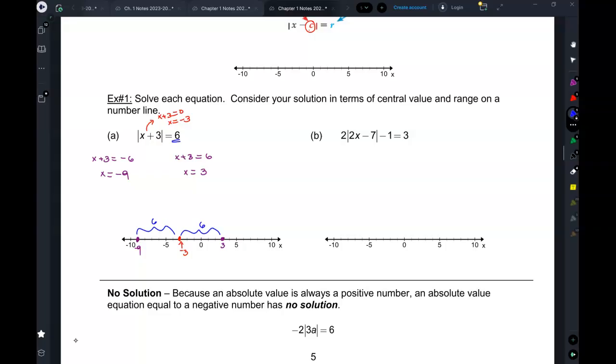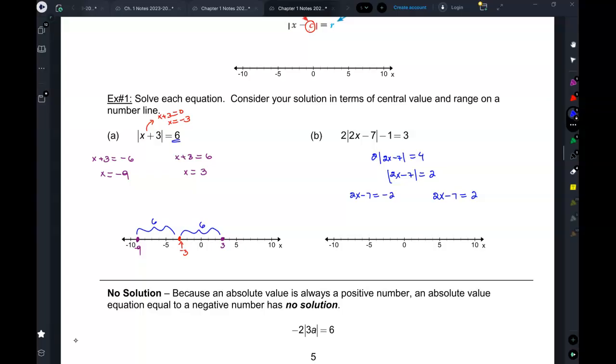Okay? All right, so let's take a look at this one. Before we do anything here, we have to isolate the absolute value. So we're going to add 1 to both sides. Divide by 2. So now I say 2x minus 7 is equal to negative 2. 2x minus 7 is positive 2.